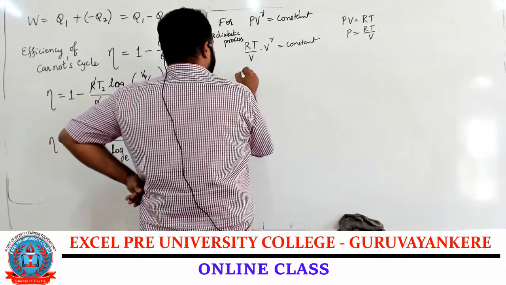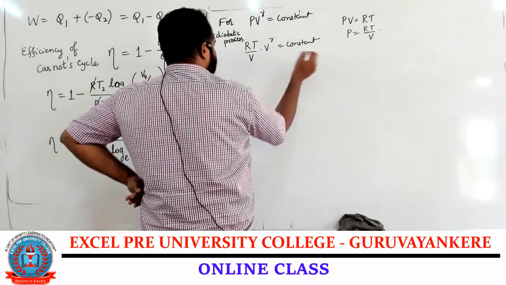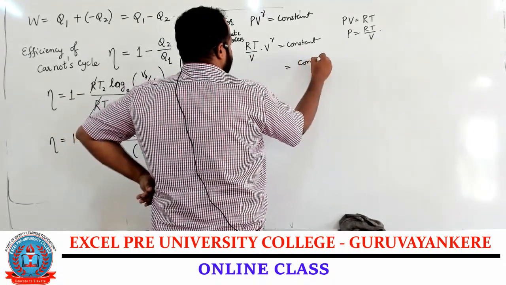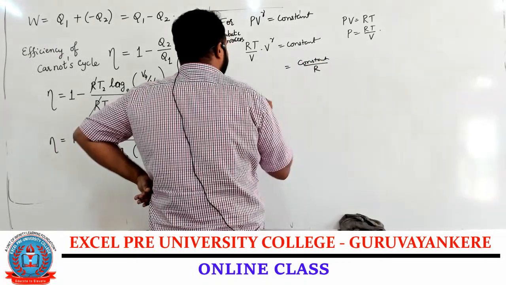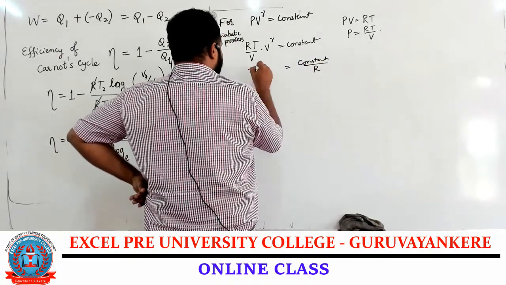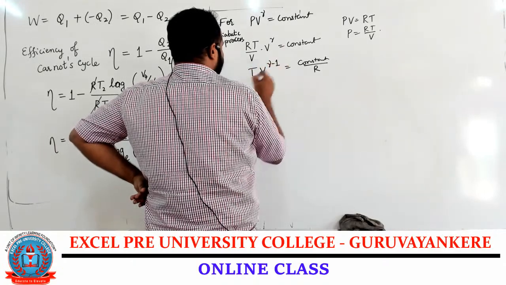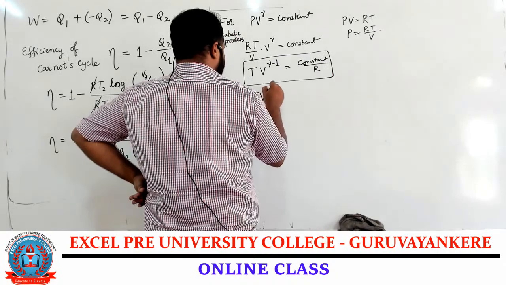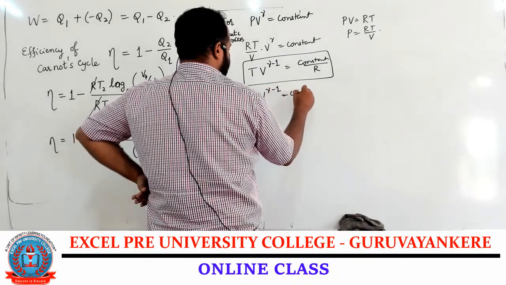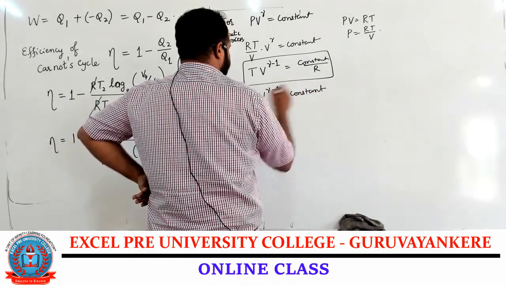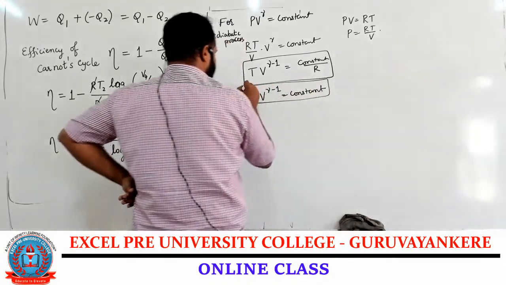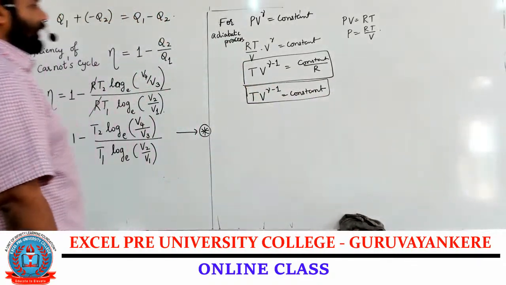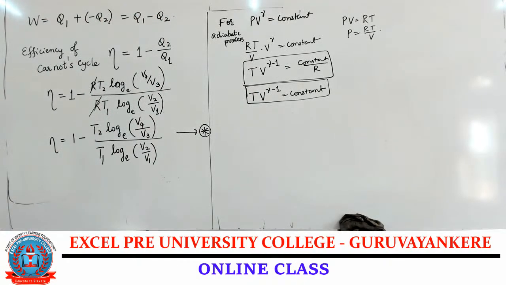R goes to the other side and becomes another constant, so T V to the power gamma minus 1 is a constant. This is another basic equation of the adiabatic process.